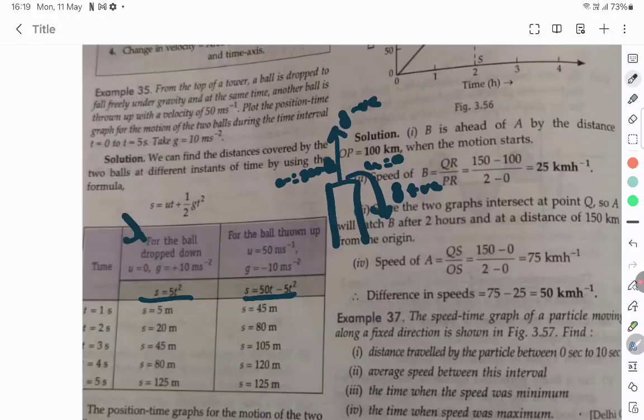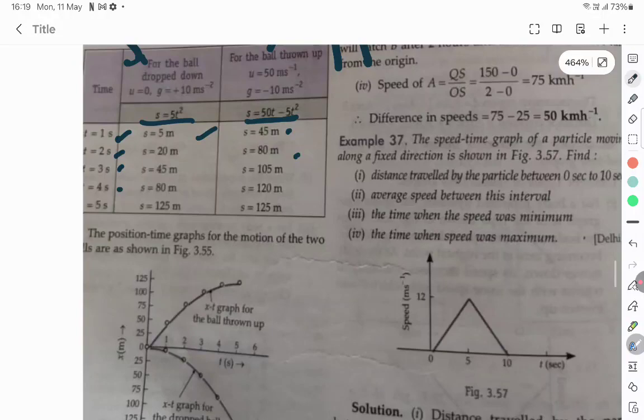for a ball thrown down and a ball thrown up, and calculate the various positions at various times, because from time t is equal to 0 to t is equal to 5, at t is 0, 1, 2, 3, 4, 5, you put s is equal to ut plus half at square and find the s value and then plot a graph.